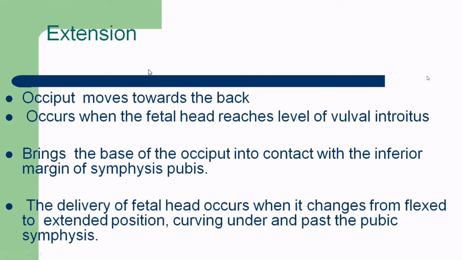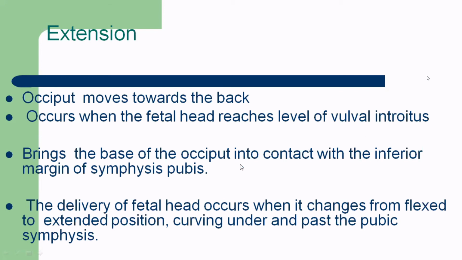Now, after crowning, the delivery of fetal head should occur. So there is extension of fetal head in the neck. So occiput moves towards the back. During flexion, the chin was touching the chest, but in extension, occiput moves backwards towards the fetal back. It occurs when the fetal head reaches the level of vulval introitus.